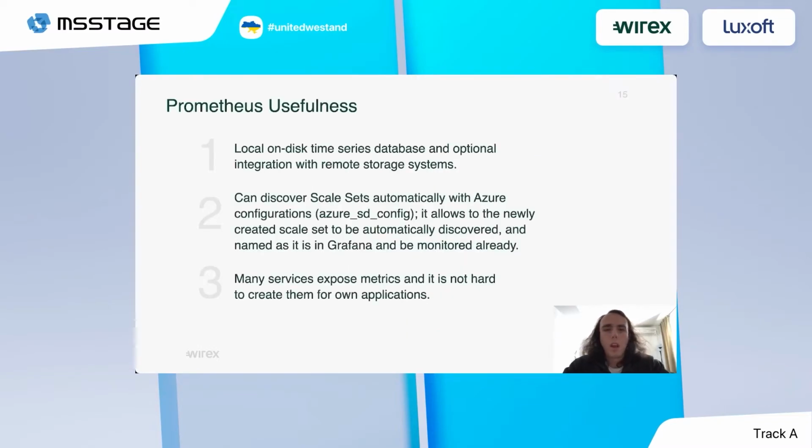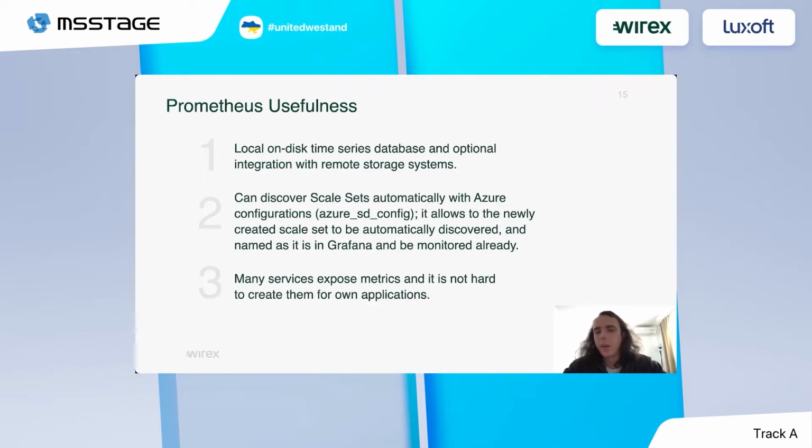What are the advantages we see of using Prometheus? The first advantage is the local on-disk time series database and optional integration with remote storage systems, which is actually really cool and we currently use it. Also, Prometheus can discover scale sets automatically with Azure configurations.